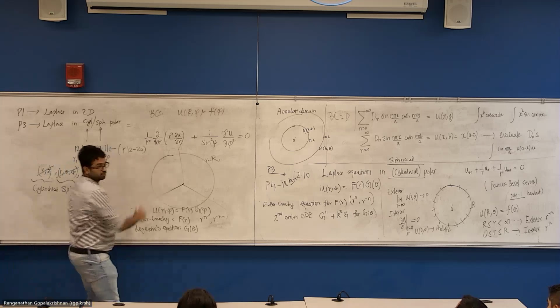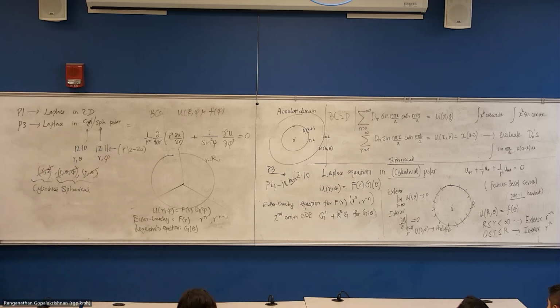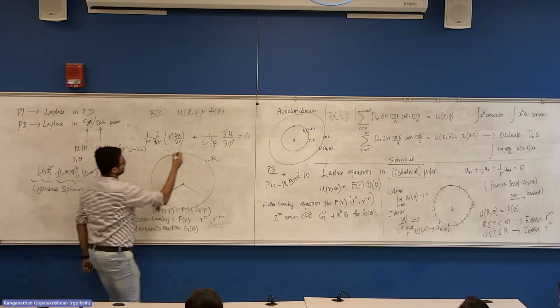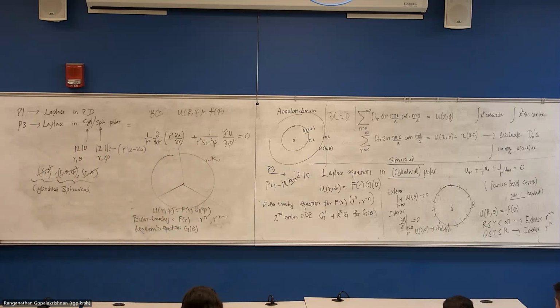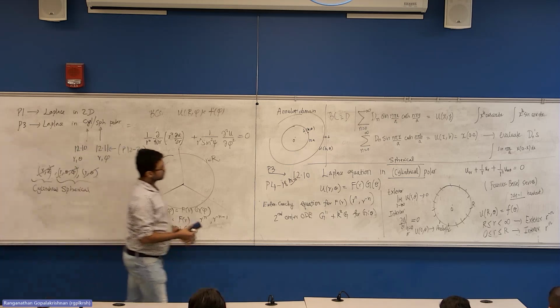Actually, it's the whole equation, so I should write r squared. Thank you. So we did Cartesian, cylindrical, or spherical. That's going to be one of the problems.